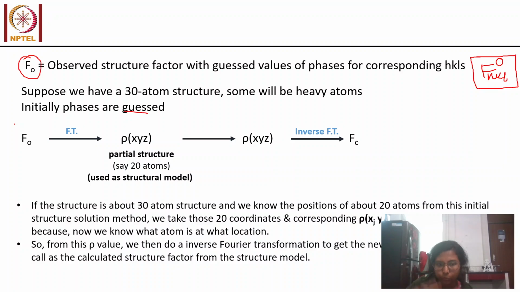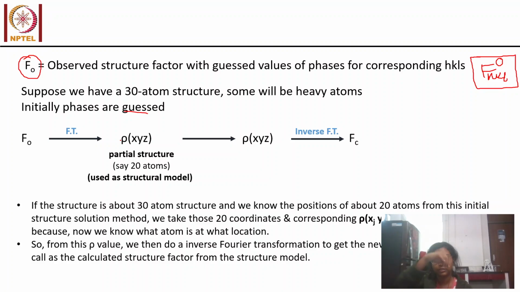Then for the 30 atom structure, suppose we have like 20 atoms for which we can guess the initial phases and get the electron densities. Then after this Fourier transform, we will get the electron densities.